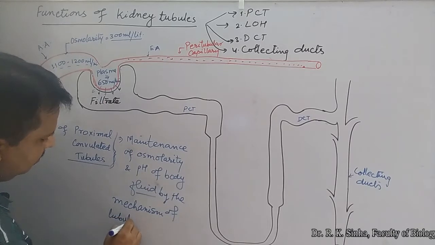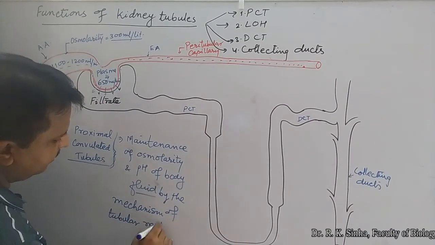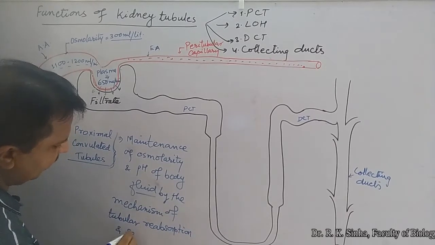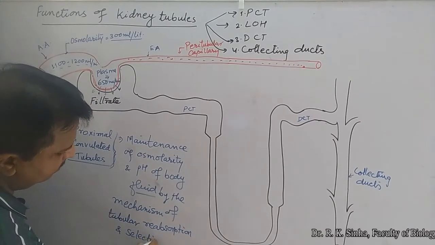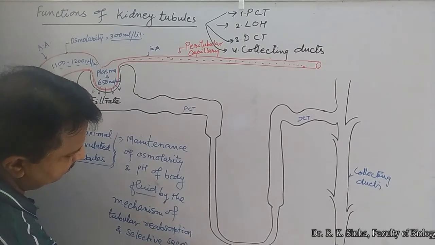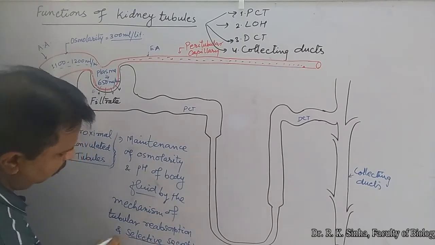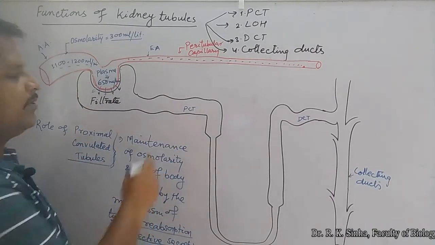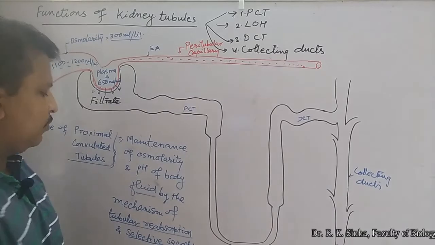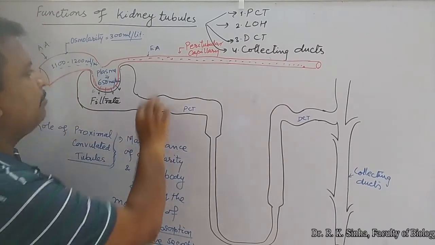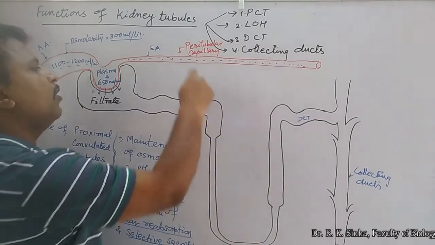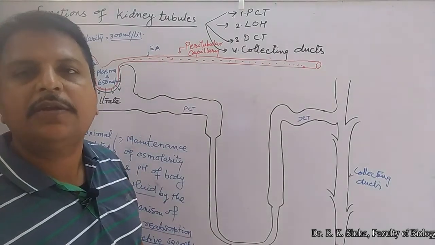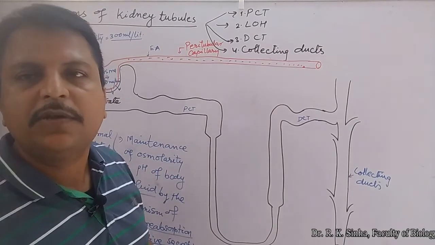These two important physiological processes will be performed by this proximal convoluted tubule, so that these two mechanisms can maintain the osmolarity of the body fluid. Now the question arises: what is the osmolarity of the body fluid? What will be the osmolarity of body fluid?